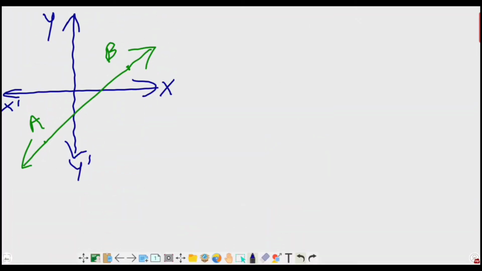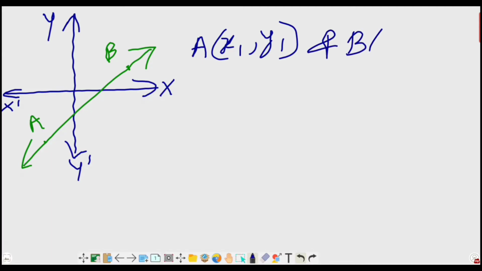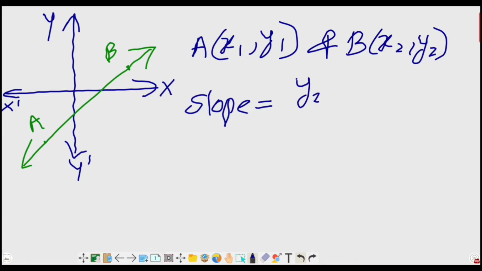Now student, if the inclination with the positive direction of x-axis is not given, and instead the coordinates of 2 points on that line are given, for example, suppose the coordinates of A are x1, y1 and coordinates of B are x2, y2, how to find the slope in this case? Then slope will be equal to y2 minus y1 upon x2 minus x1.